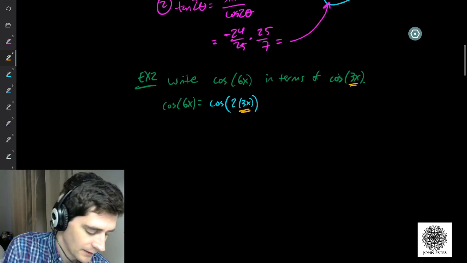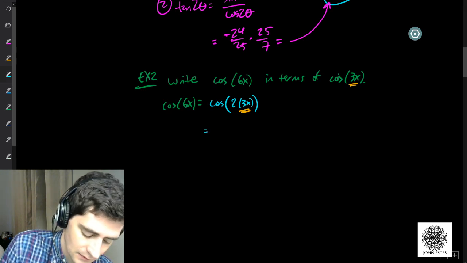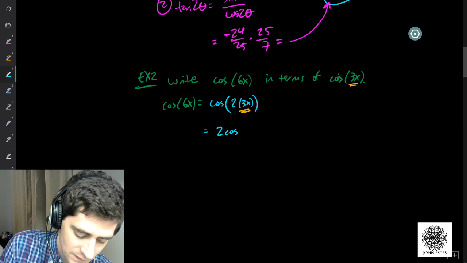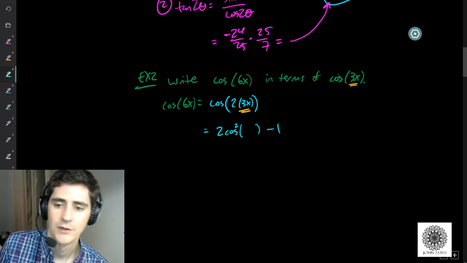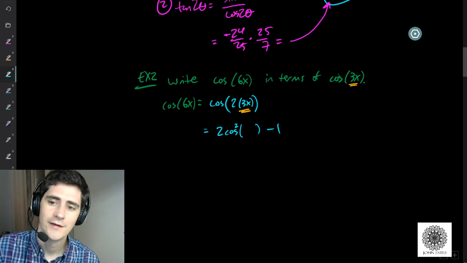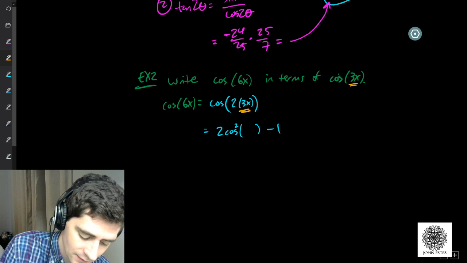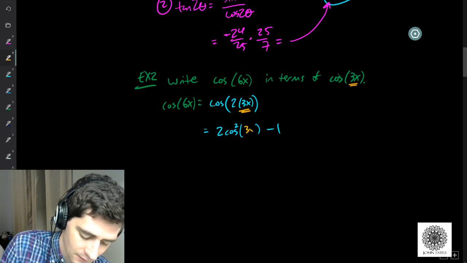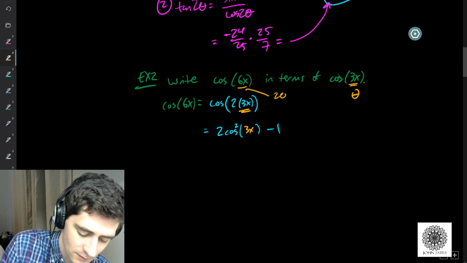Okay, so here I have, let me say it again, 2 cosine theta squared minus 1. In this case, what is theta? What do we say theta was? Theta is that 3x. That's your theta. The 6x is 2 theta.